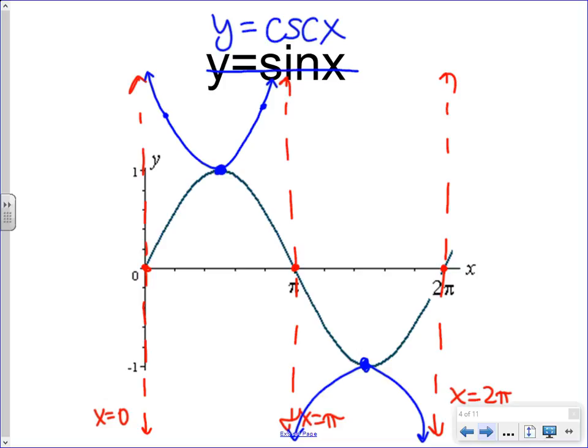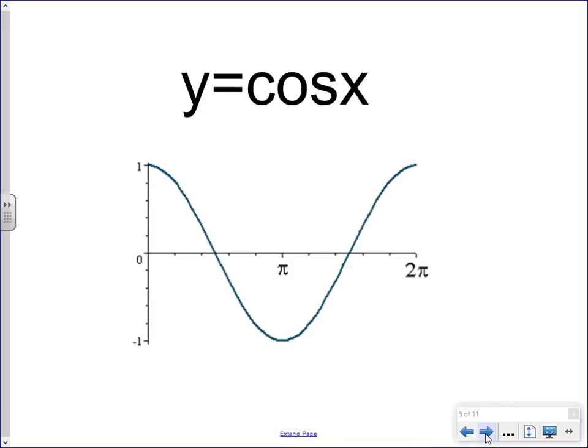If we have any sort of transformations on our cosecant curve, we will draw a frame and lightly sketch in the sine curve in that frame, and then draw in our asymptotes and U-shapes. All right. Let's go ahead and create a secant graph. So if you would, lightly sketch the cosine curve.